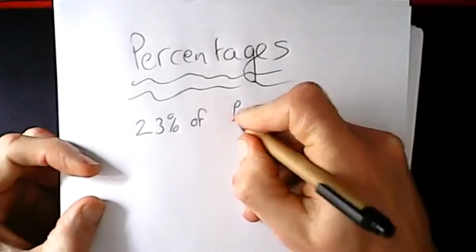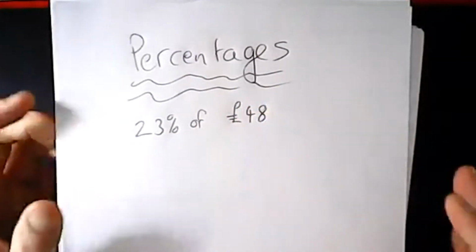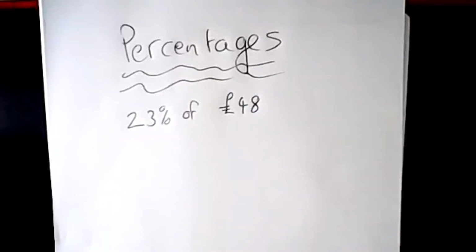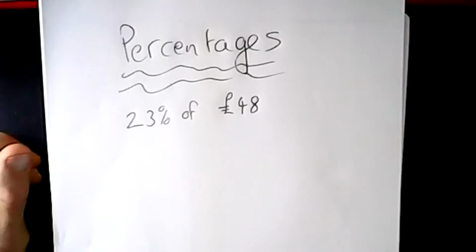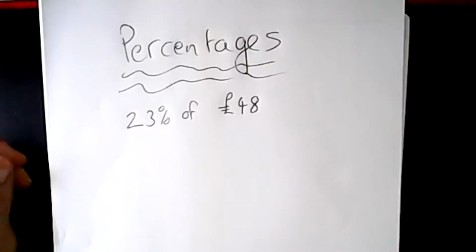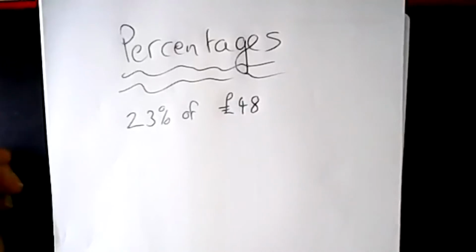This is on the non-calculator paper. I can't do that question in one hit. It's too difficult even for me, and I'm a maths genius. Well, some might argue I'm not. So what we have to do is go in stages and break down the question into small chunks.